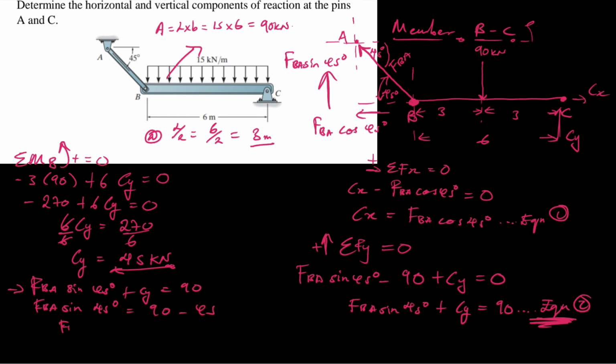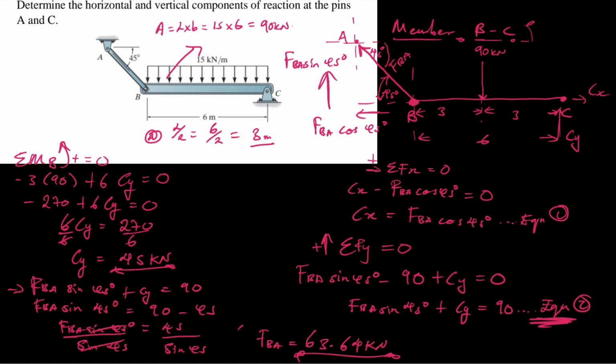So you have FBA sine 45 degrees being equal to 90 minus 45, which is 45. If we divide both sides by sine 45, we'll have FBA equal to 45 divided by sine 45. What will be our value? That will give us something like 63.64 kilonewtons. Just like that.